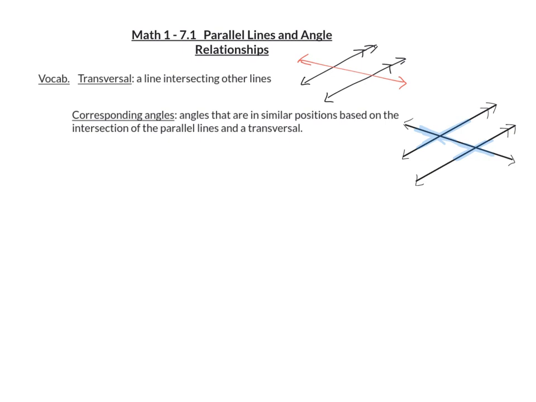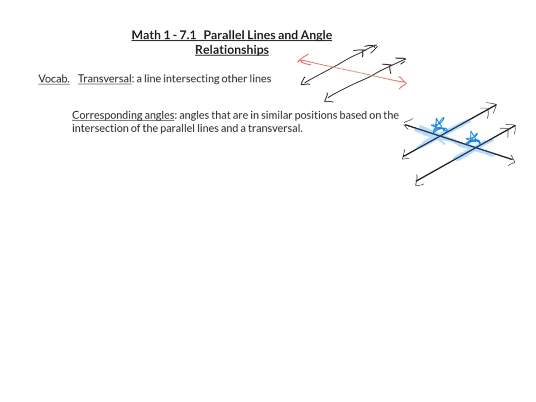So for example, if I'm looking at this angle up here, that is the angle that is on the top of the intersection. The corresponding angle with that would be the one right here, because that is also on the top of the intersecting angles. I am going to show you other corresponding angles because there's multiple.